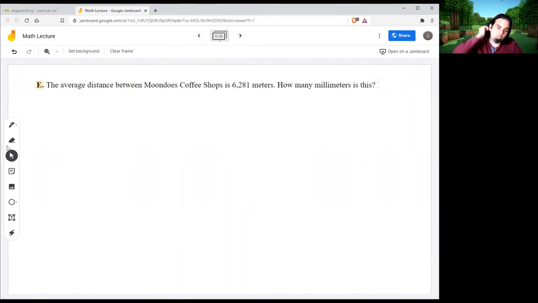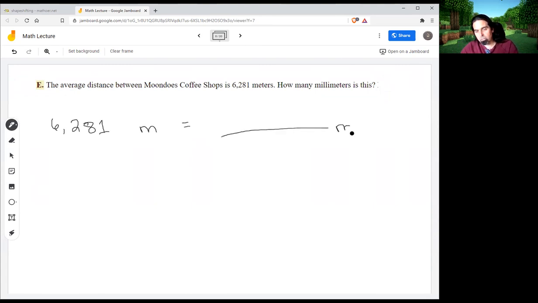So the average distance between coffee shops is 6,281 meters. And I want to change that to millimeters. So I will write out my letters. Filler, hobos, dance, under, dazzling, crystal, mobiles. I don't actually need the dot dot micro because there's no micro stuff happening here. Where am I starting? Unit.